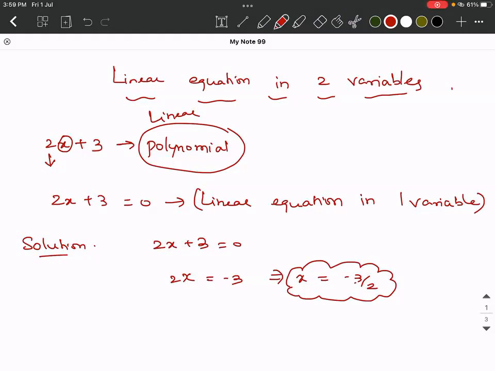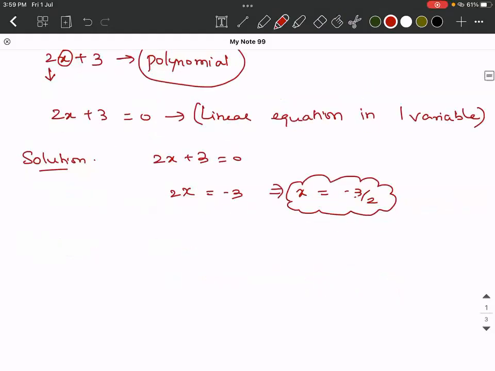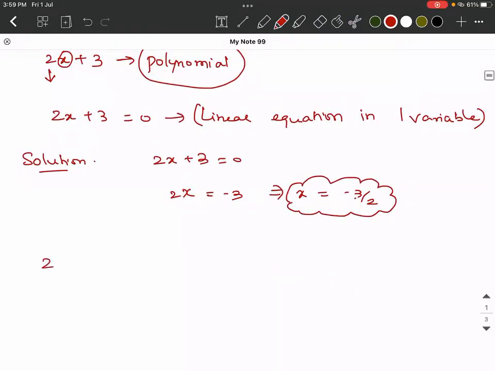Now, if I increase the number of variables in my expression, 2x plus 3y, this is also a polynomial. It is a linear polynomial in two variables. When can a polynomial become an equation? When you equate it to 0 or you just put a number on the side of it.